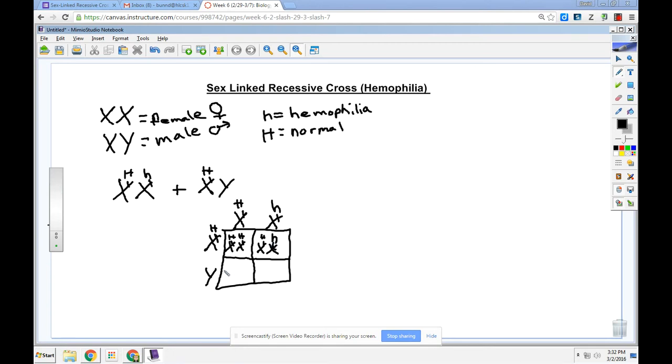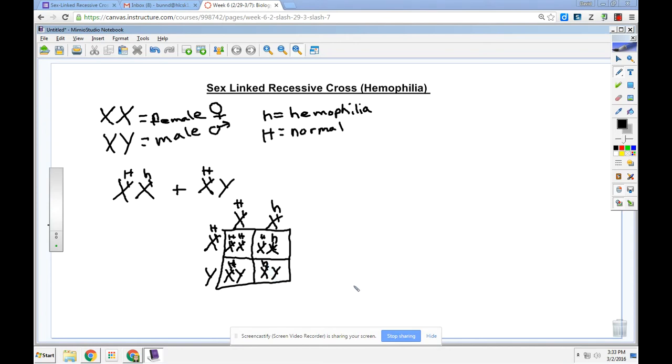Then we'll get to the males. If this mating creates a male from these two gametes, then this male is going to be okay. He's going to have the one dominant blood clotting gene, and he's perfectly normal. This male, however, is going to be the one that was unfortunate enough to get the lowercase h gene, the hemophilia gene.